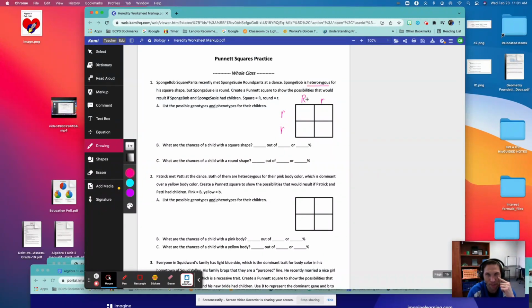So big R, little r for SpongeBob up top, and little r, little r for Sponge Susie on the bottom. And then you just put them in where they intersect. So right here, you have a big R, little r, and then here you have a little r intersecting with this little r coming across. And this is the dad and the mom.